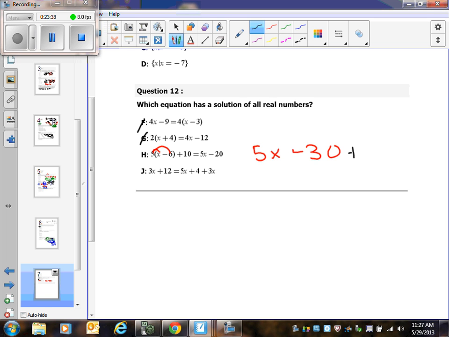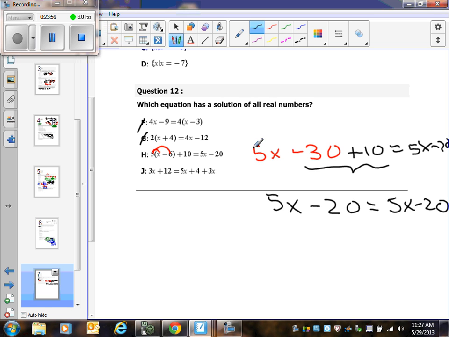And plus 10 equals 5x minus 20. Now let me combine like terms. This is looking promising here. So it looks like choice H is our final answer because we have 2 identical sides, which basically is telling us we're going to have all real numbers as part of our solution set.